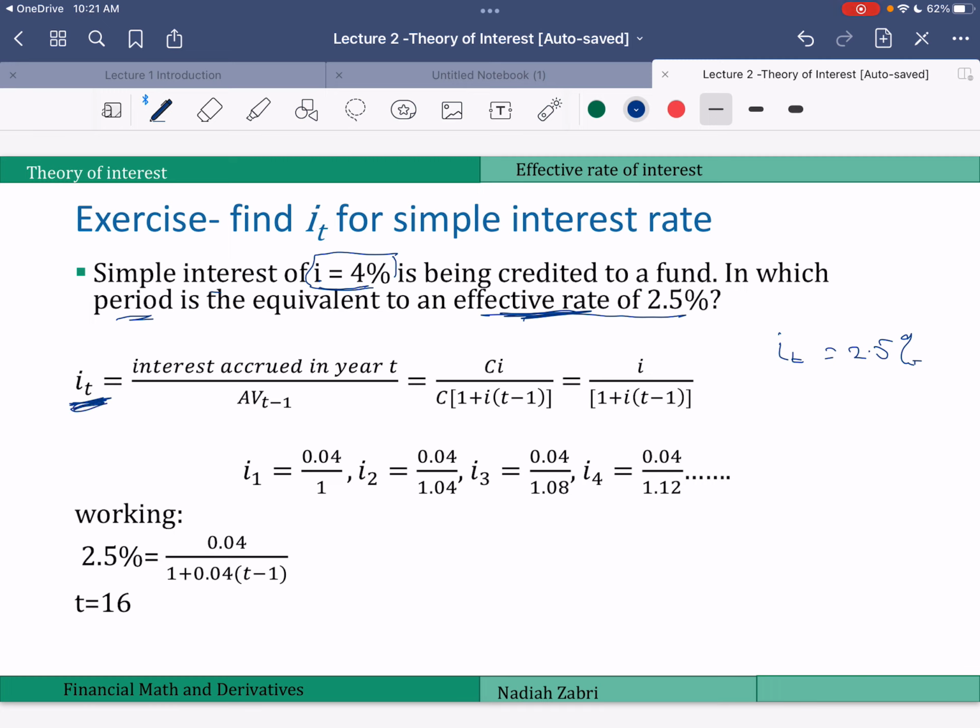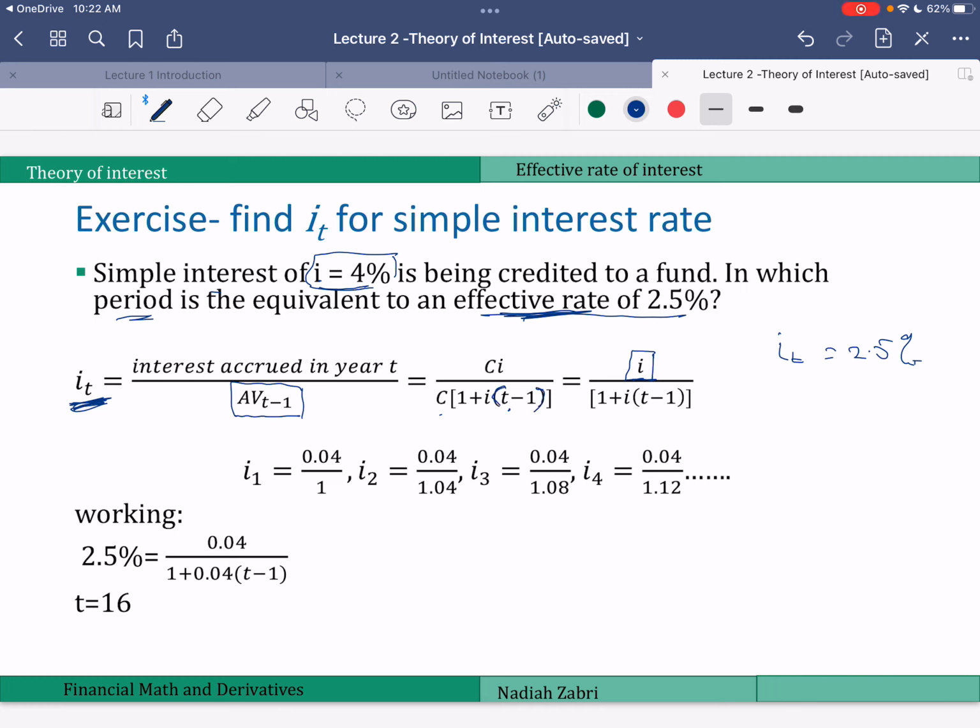The simple interest is technically the interest accrued in year T. So the interest accrued for year T is going to be C, the principal amount, times I. That is the interest accrued, and for every single year it is a flat C times I. But the denominator, the beginning value, the amount at the beginning of the period, is going to be C times 1 plus I times T minus 1.